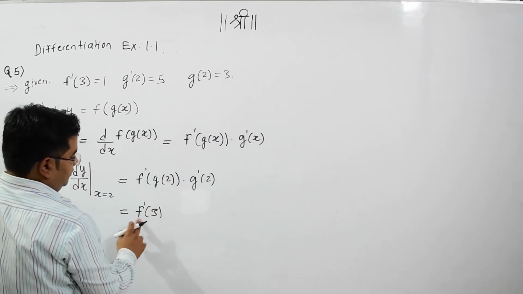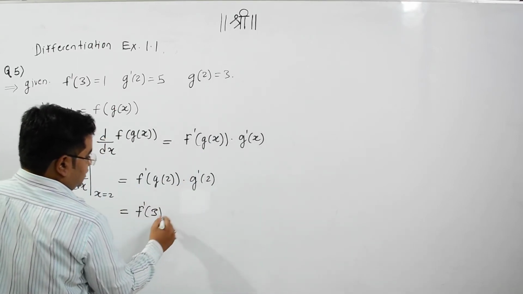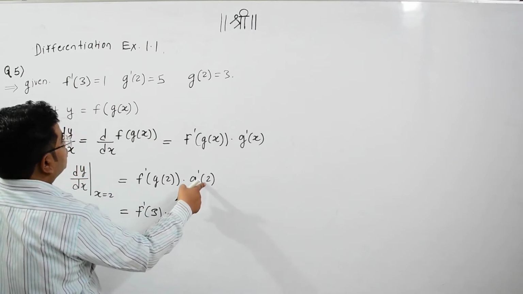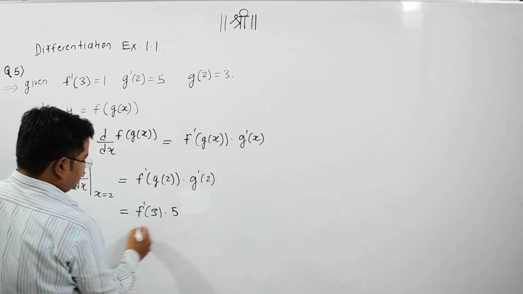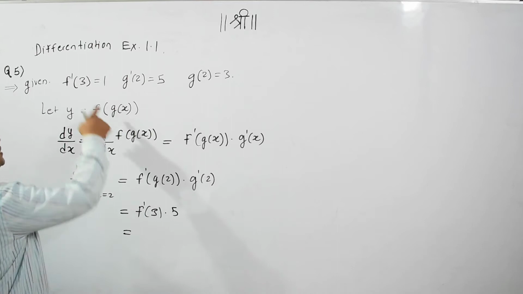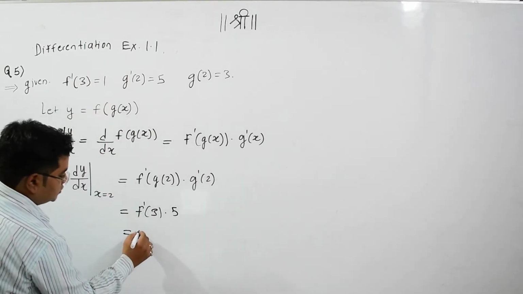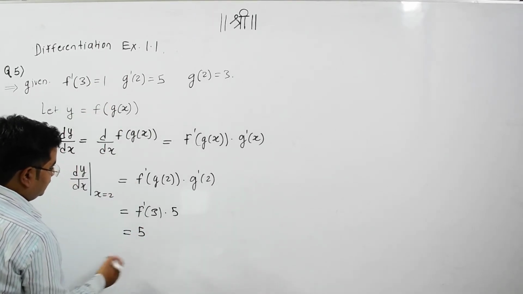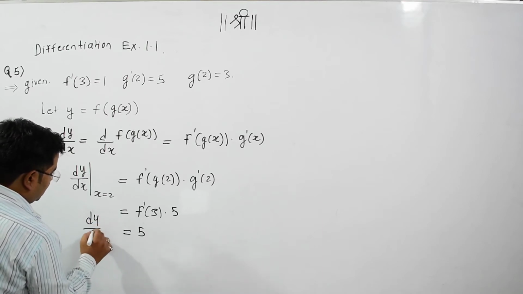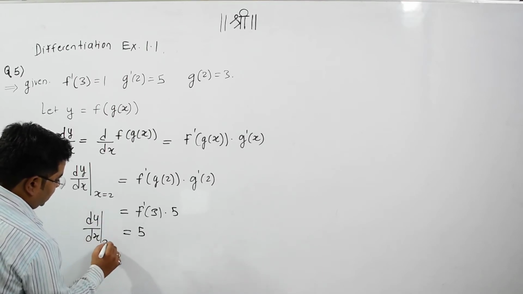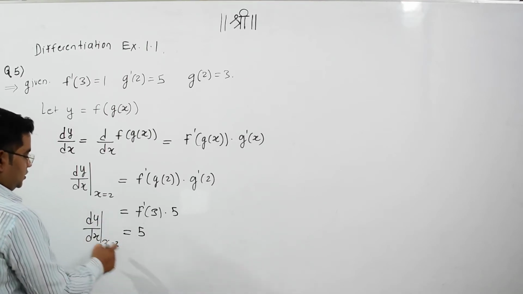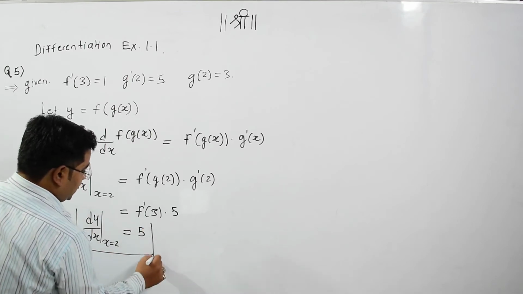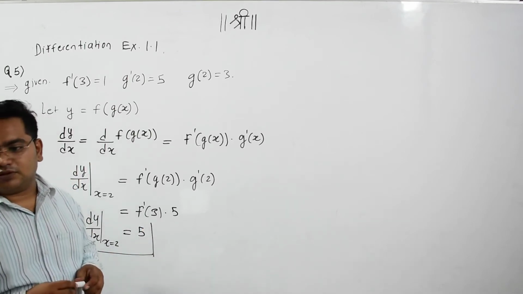So I have substituted f dash of 3. Now next step, what is g dash of 2? It is 5. Now what is f dash of 3? f dash of 3 is 1. So answer will be 1 into 5 will be 5. So dy upon dx at x is equal to 2 is equal to 5. That's it. That's how we need to solve this question.